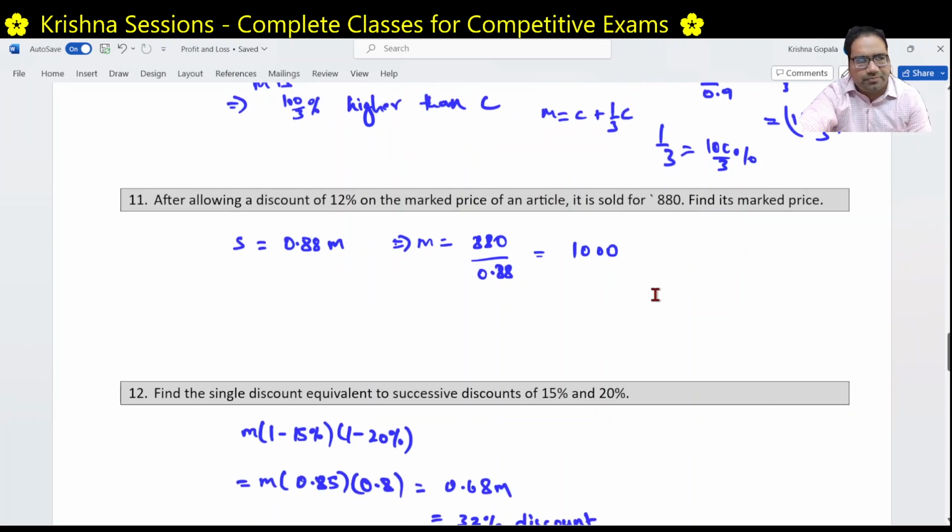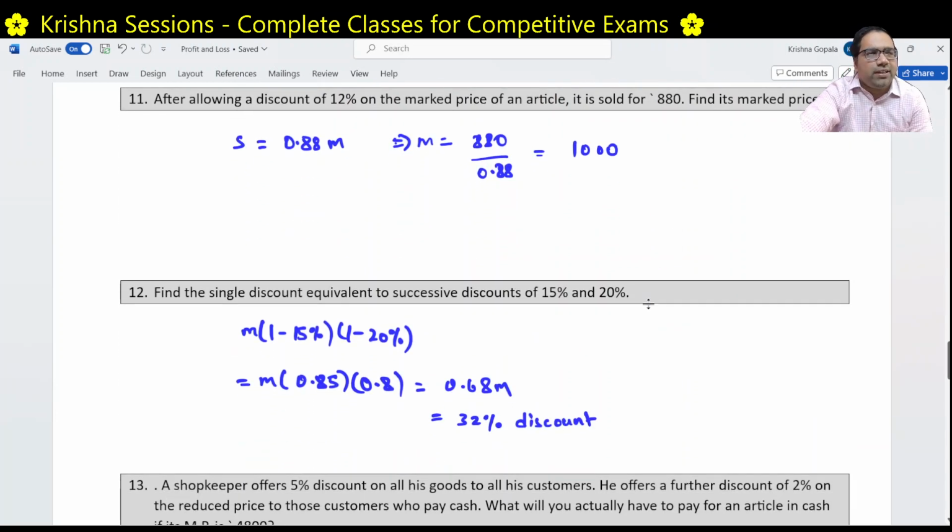Next, find the single discount equivalent to successive discounts of 15% and 20%. 15% discount means 1 minus 0.15, that is 0.85. Original market price is M, let's say. Then into 0.85, that is the first discount.